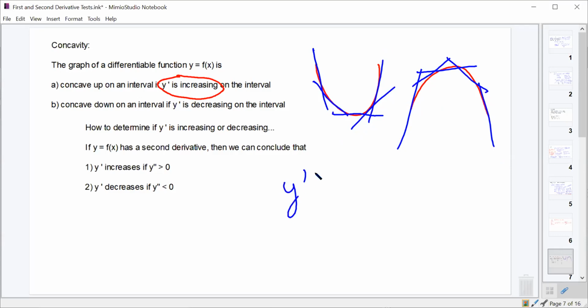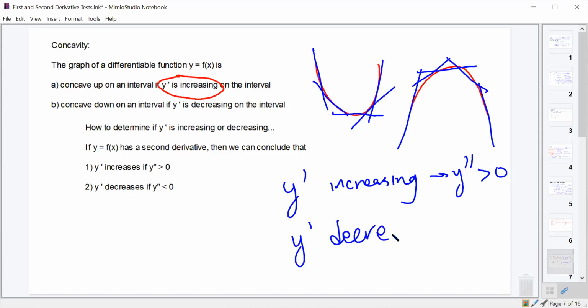Well, if y prime is increasing, what does that tell you about its derivative? Y double prime must be positive. And if y prime is decreasing, that ought to tell you that y double prime is negative, just based on the first derivative test, right? If my function is y prime and it's increasing, then its derivative must be positive. And if that function is decreasing, its derivative must be negative. Does that make sense?